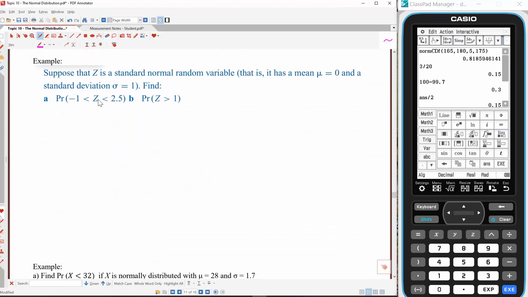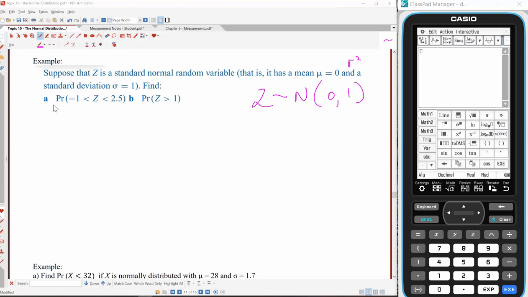All right, suppose that Z is a standard normal distribution variable, with a mean of 0 and standard deviation of 1. So let's just define it. Z is normally distributed with a mean of 0, and remember that this is sigma squared, so that's going to be 1 in this case.